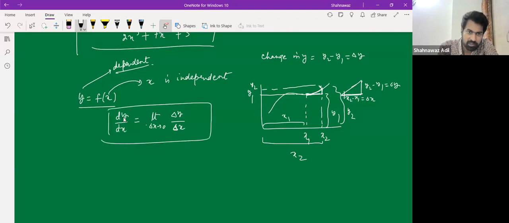This tells me how y is changing for a very small change in x.